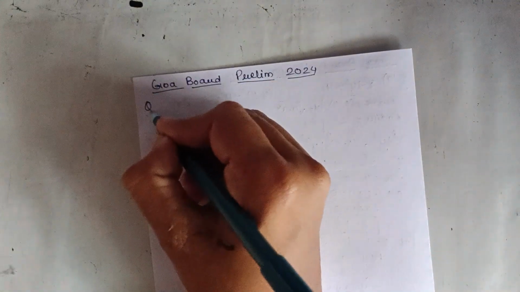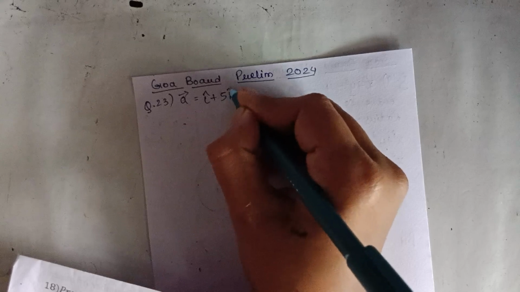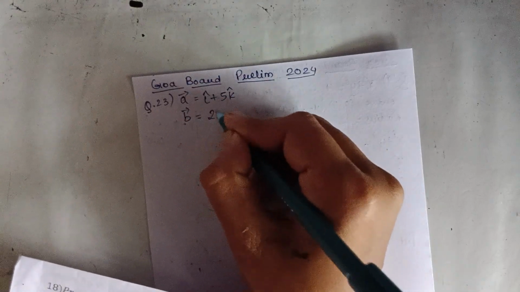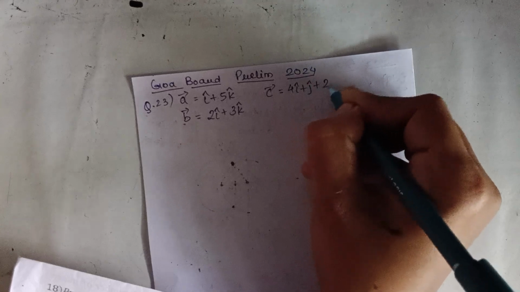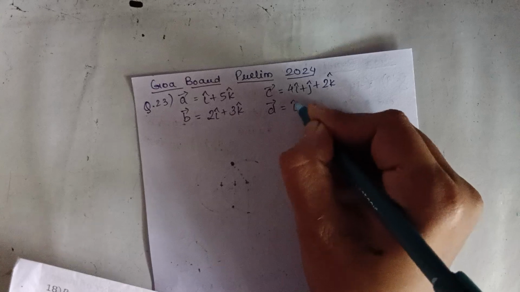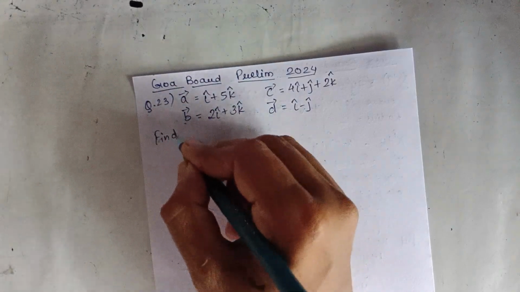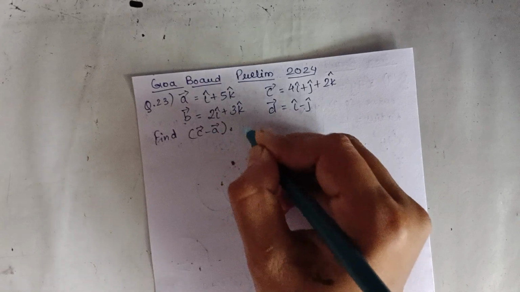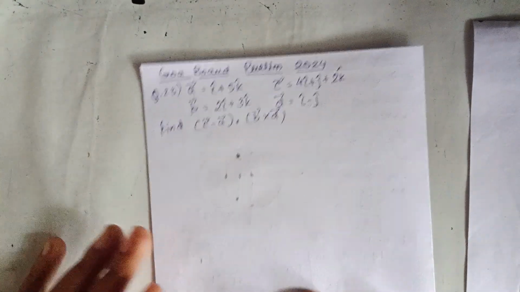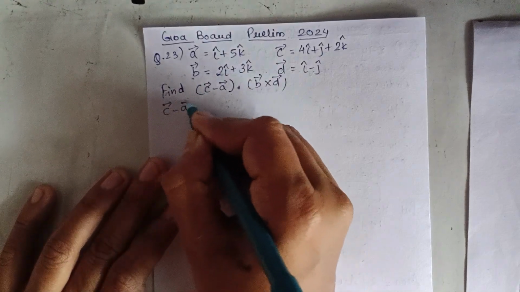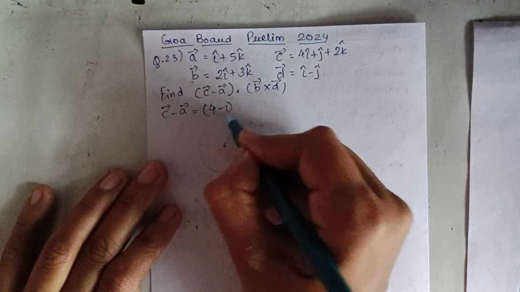Question 23. Okay, so you have to find C minus A dot B cross D. Okay, so first you find out C minus A. So simple, you have to subtract it from C. 4 minus 1.